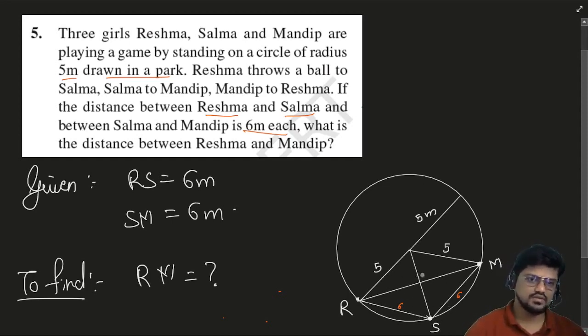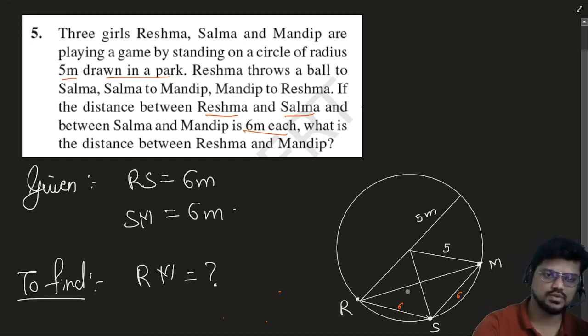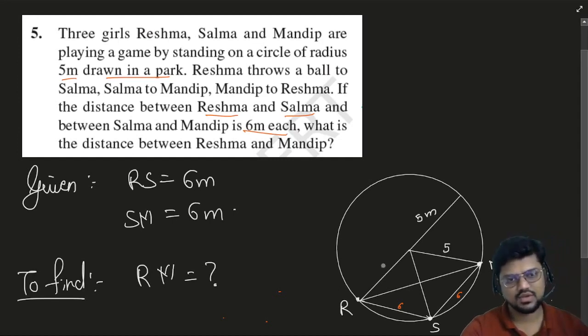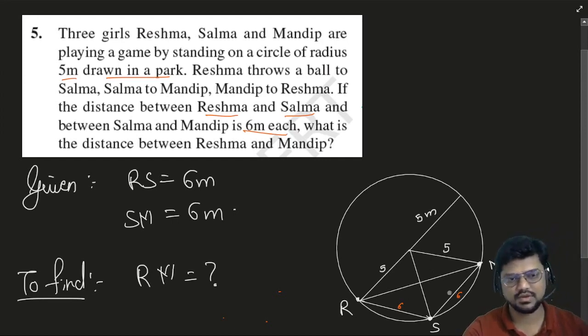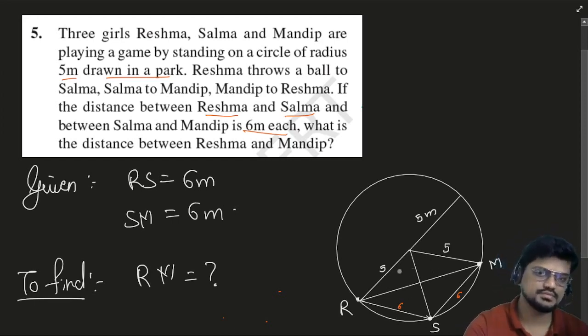So yes, it will be perpendicular. But wait. It will not be perpendicular. We cannot finalize that it will be perpendicular. It is not given that it is perpendicular. We have to find the value of RM.